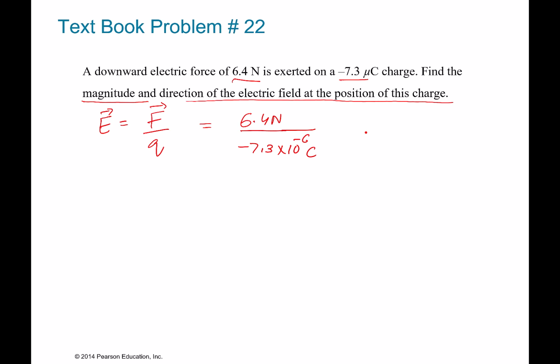So it's a negative charge: −7.3 is a negative charge. If the force is downwards, the electric field must be in the opposite direction, because it's a negative charge.